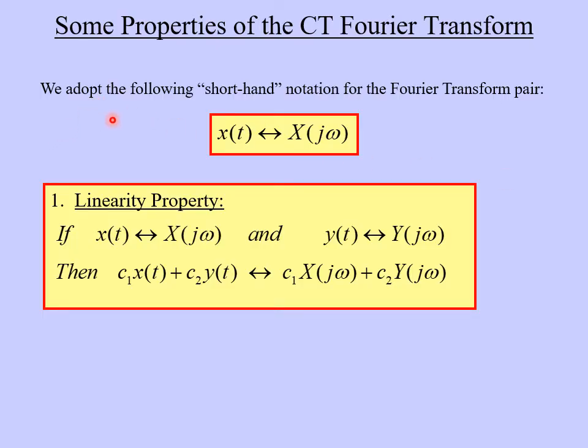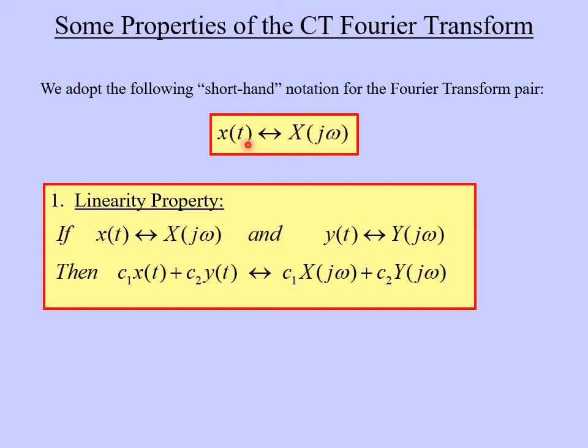The first thing we're going to do before we look at the properties is adopt a shorthand notation for the Fourier transform pair. This is reminiscent of what we did in chapter 3. This notation tells us that in the time domain, we can have a signal, let's call it x of t, and in the frequency domain, the corresponding signal is its spectrum, or Fourier transform, uppercase X of j omega.